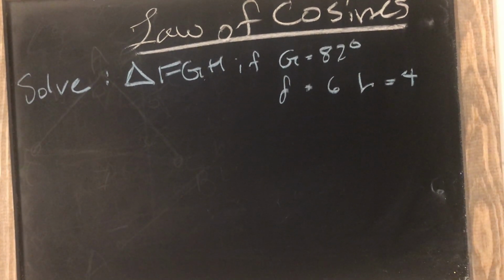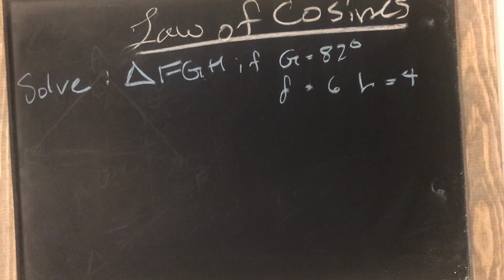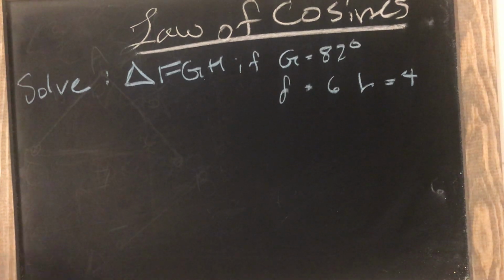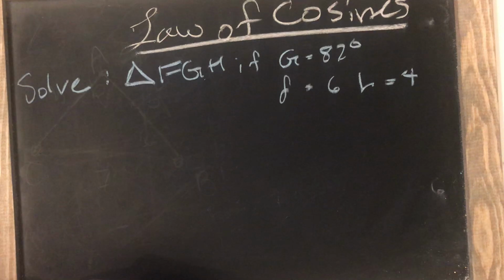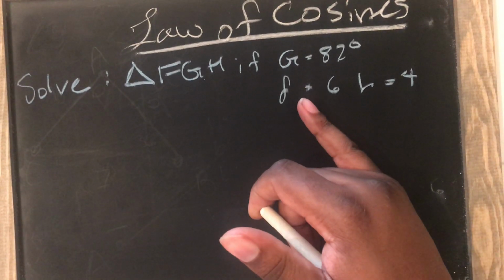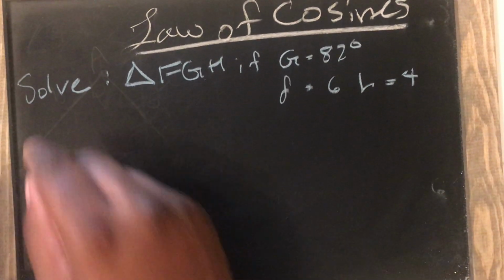We're just going to solve for the whole thing. The easiest thing to do here is to start with the missing side. Since we have FH, the missing side must be G.